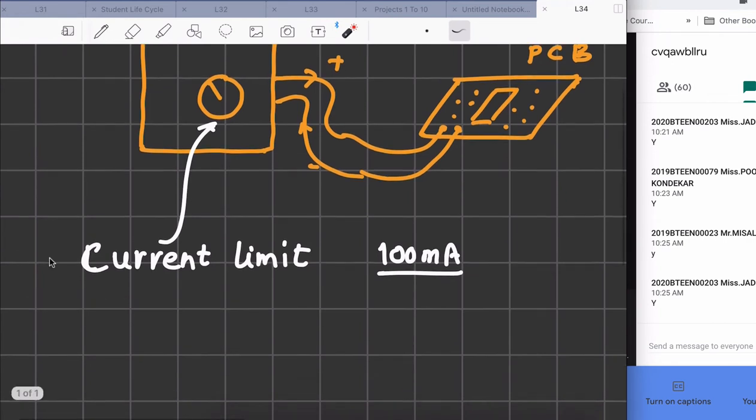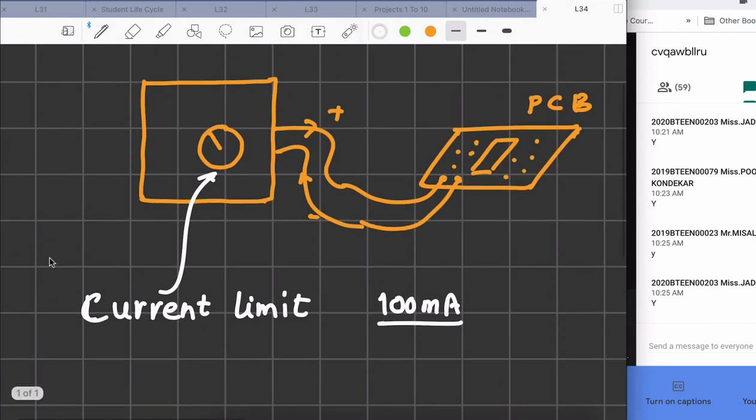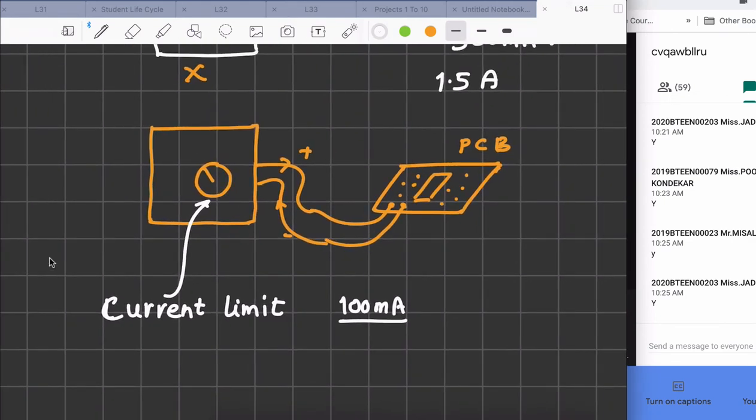You can also try setting the current limit initially to a very small value and then slowly increase it. So current limit is a very good facility in the power supply, which allows you to test the circuit and to protect the circuit. Otherwise the circuit may get damaged or the power supply may also get damaged. So current limits are very useful.